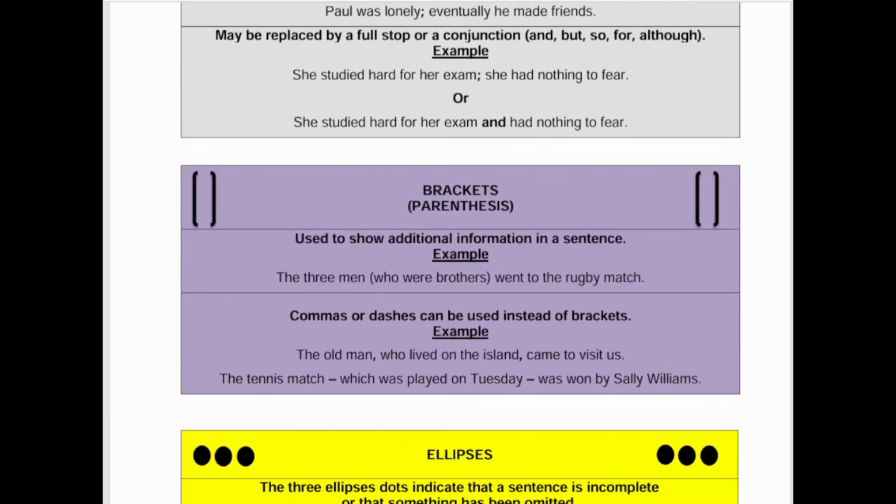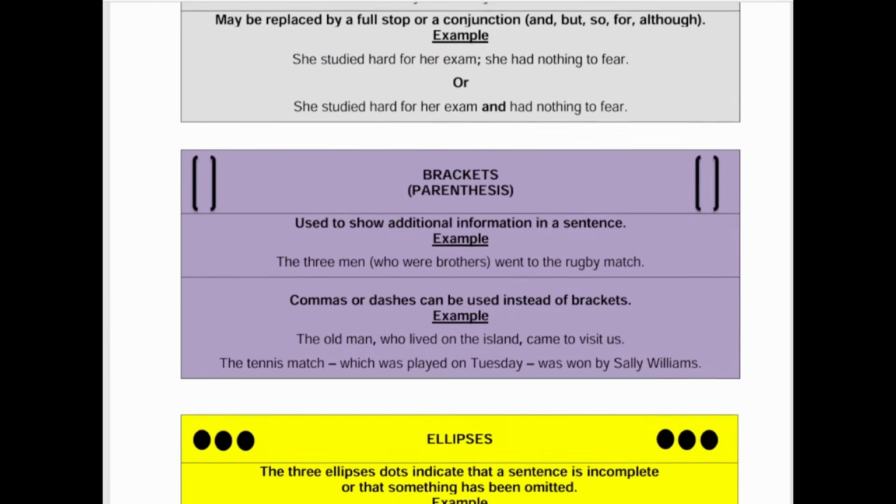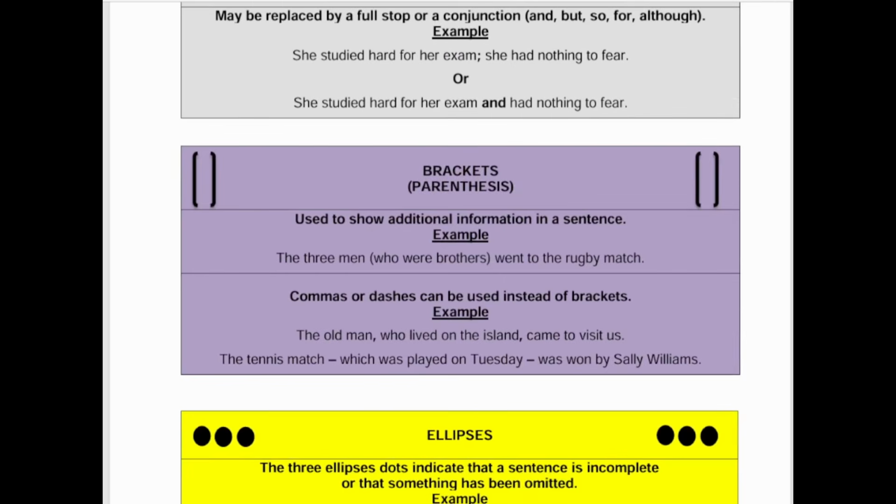Then the next one is brackets. Brackets are also used to show additional information in a sentence. Remember when we were learning about a comma, we said that a comma is also used to show additional information in a sentence. I hope you remember that. Ronaldo, the most famous soccer player, scored the winning goal.